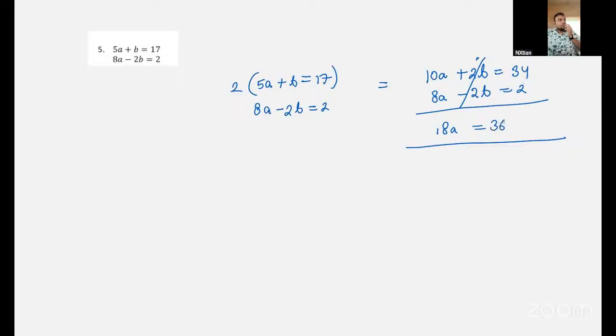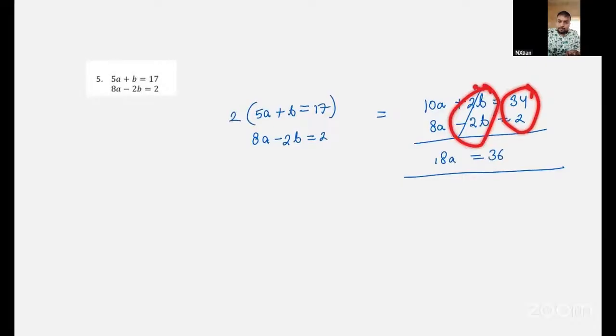Now what will you do? They have different signs, like plus 2B and minus 2B. So won't there be addition? Which part, beta? This part. So plus 2 minus 2, what will the answer be? Sir, will the answer be 2A, like A equal to 2?